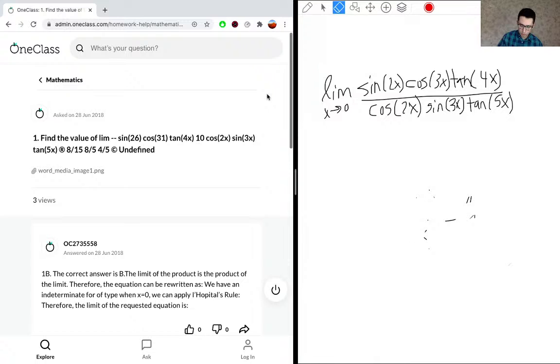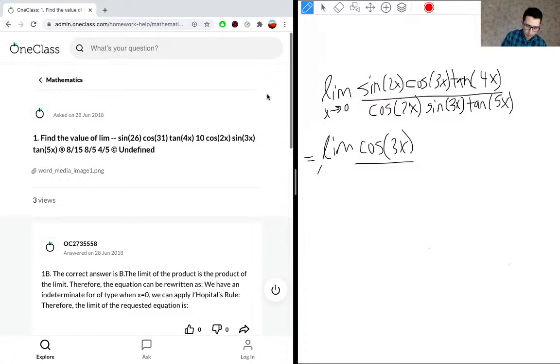All right, so the first thing we do here is we split up the function into separate components. So we'd say the limit, we'll take the cos and we'll keep them together.